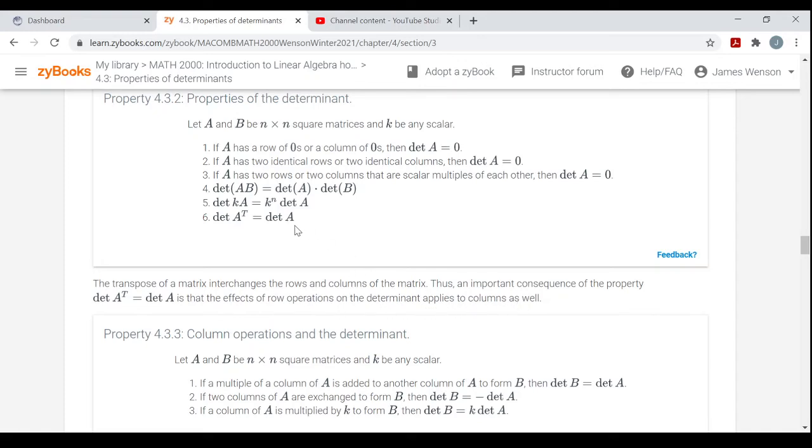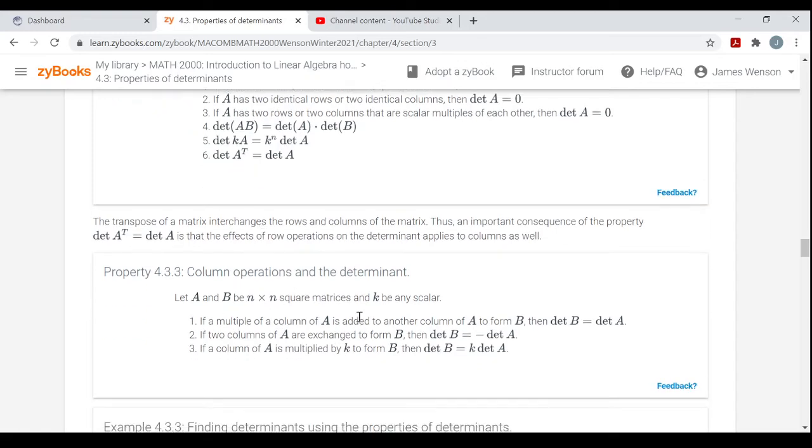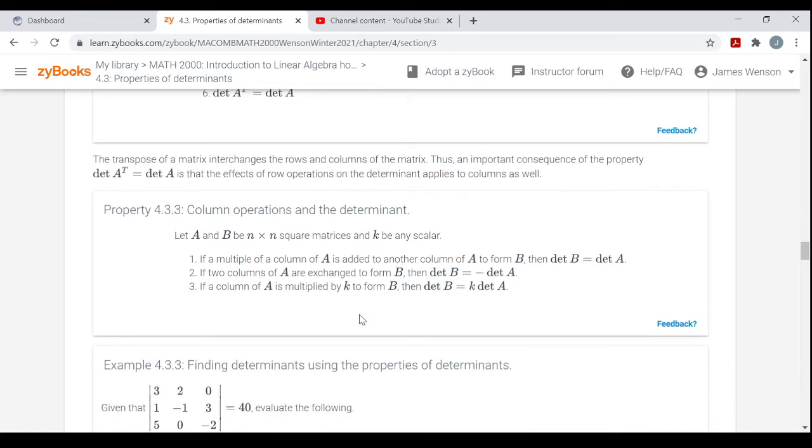All right, because if you perform row operations on A, that's exactly the same as performing column operations, where you maybe switch two columns or add a multiple of one column to another column or multiply a column by a scalar. Doing row operations on A is exactly the same as doing column operations on A transpose. So all the properties I mentioned earlier involving row operations are exactly the same if you were to do it to the columns.